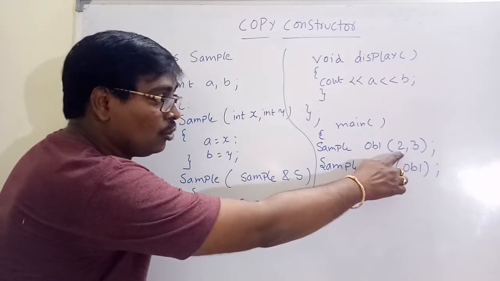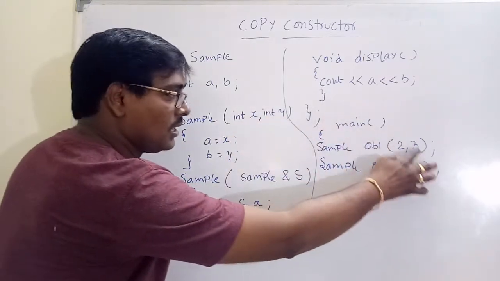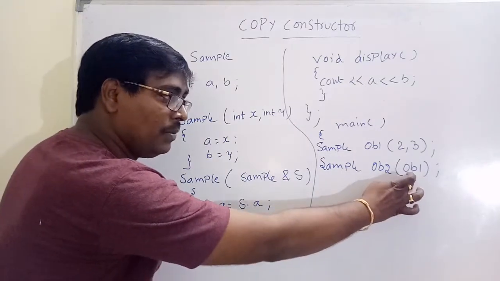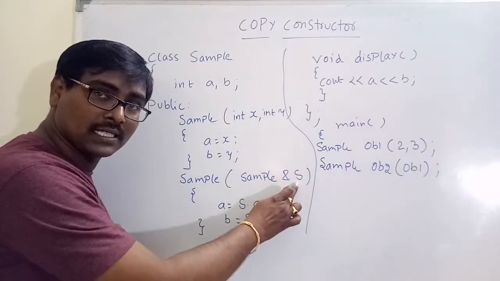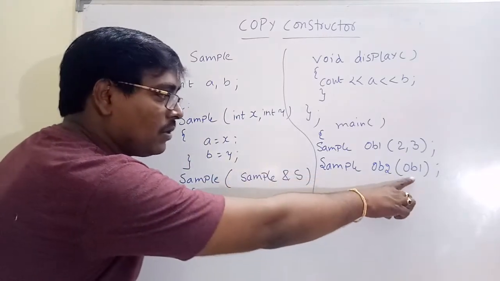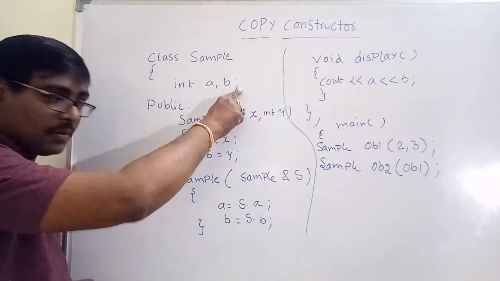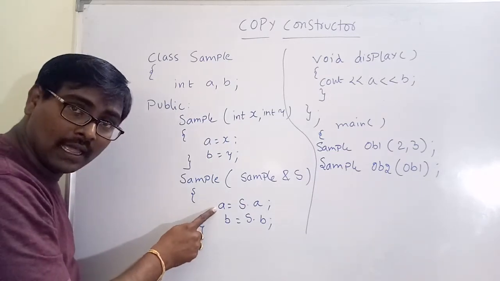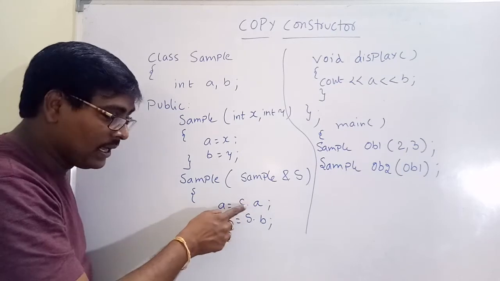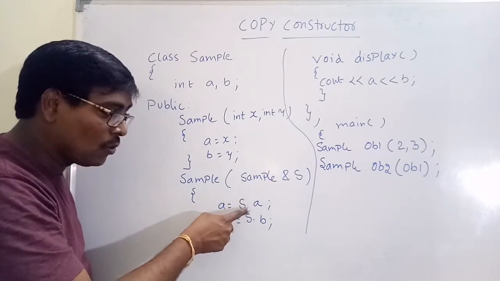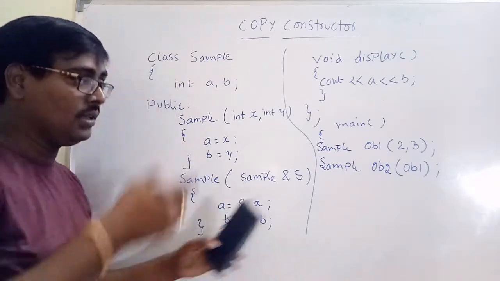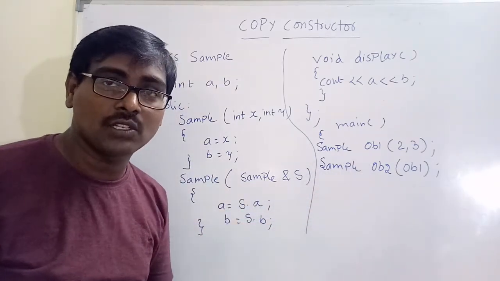Observe. 2 is copied into x, 3 is copied into y. In the similar fashion, ob1 is copied into s. What are the values of ob1? For ob1, we have two values, a and b. So for a, I am assigning s dot a. What is the meaning of this one? Internally, the meaning is ob1 dot a, ob1 dot b. Okay. This is the way the copy constructor is called.